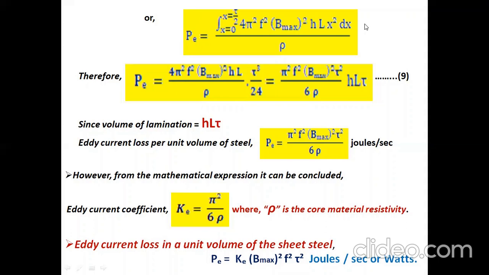However, from the mathematical expression, it can be concluded that eddy current coefficient Ke equals pi square by 6 rho, where rho is the core material resistivity. Eddy current loss in a unit volume of sheet steel is P equals Ke B max square F square tau square joules per second or watts.